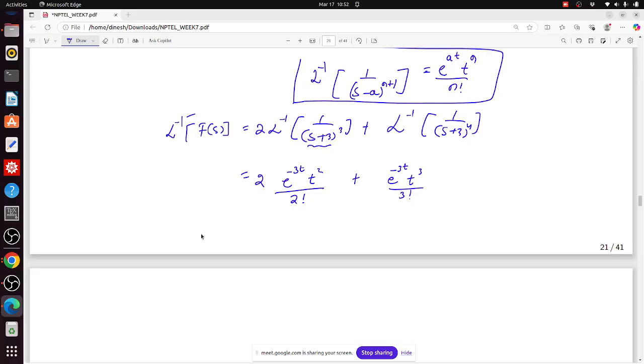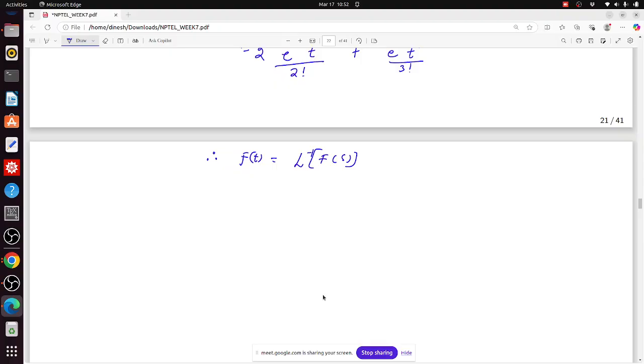So here f of t, the inverse Laplace transform of f of s, is equal to e to the power minus 3t into t square by 2 factorial into 2, that cancels out, plus e to the power minus 3t into t cube by 6.